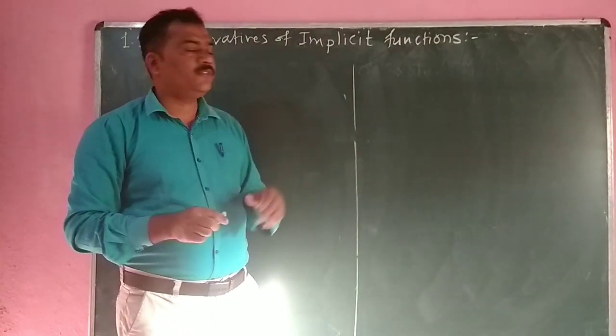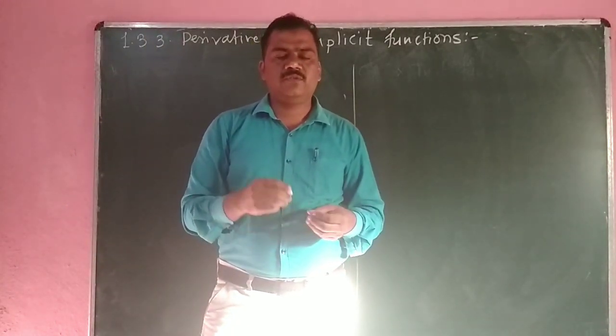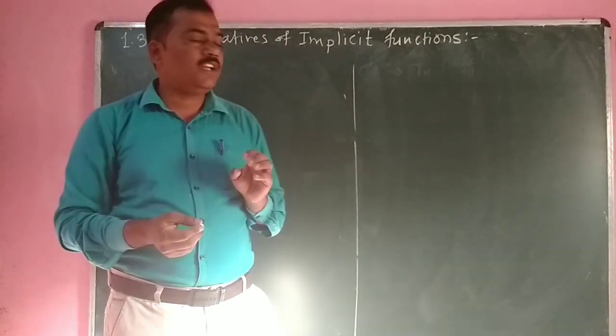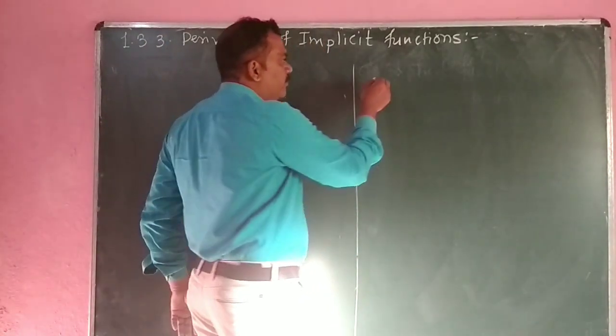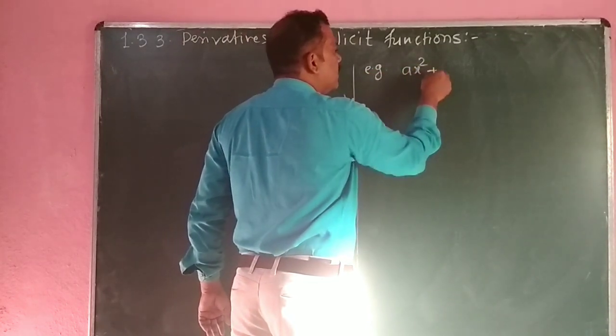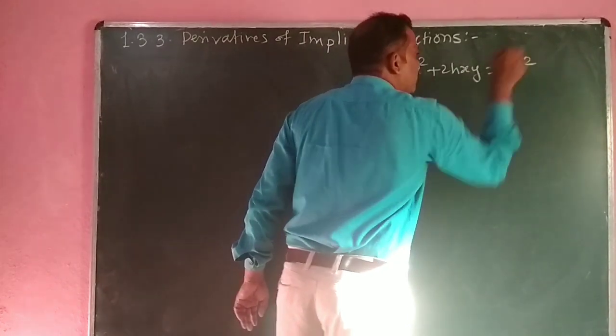Derivatives of implicit functions. How to take the derivative of an implicit function? We have to understand it by taking a simple example. Suppose the example is ax square plus 2hxy is equal to by square.